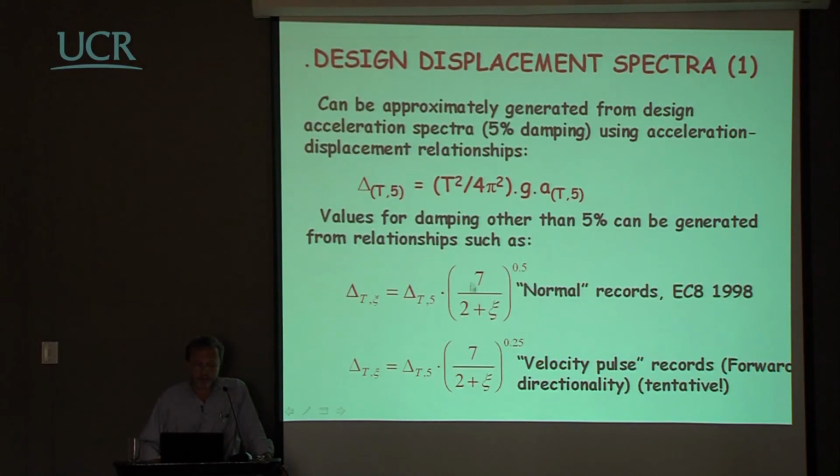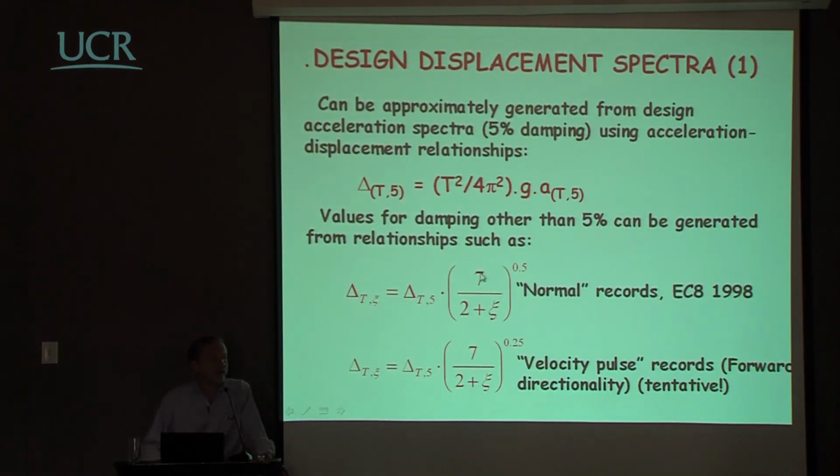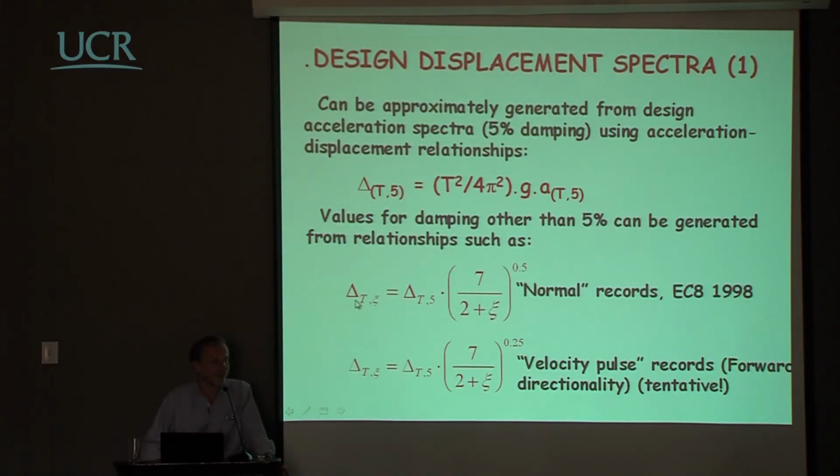There are equations of this sort, for example, in some different version of the Eurocode. This is just the square root of 7 divided by 2 plus the level of damping. But it could be, in other documents, there are level with a 10 here and the 5 here. The important thing is that the difference between these two is 5. So that if you put a 5 here, you obtain 1, and there is no correction, no displacement correction here.